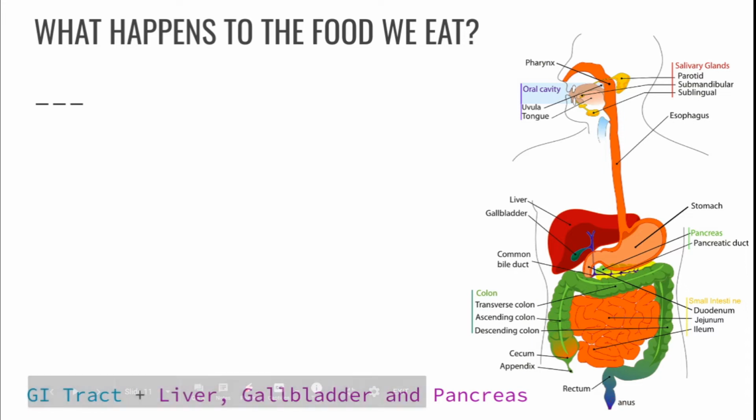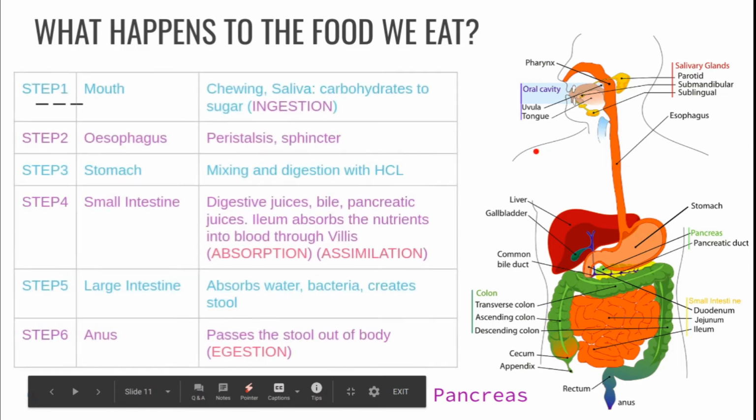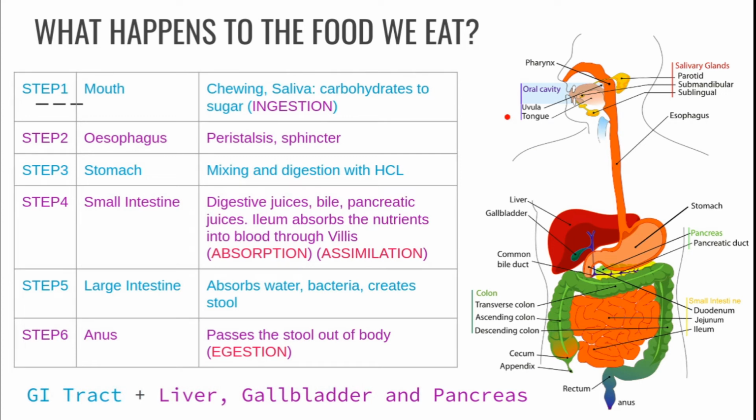Now once we know what our digestive system is, we are ready to answer what happens to the food we eat. Okay, so we'll go step by step. In the first step, we take the food into our mouth, and this process is called ingestion.